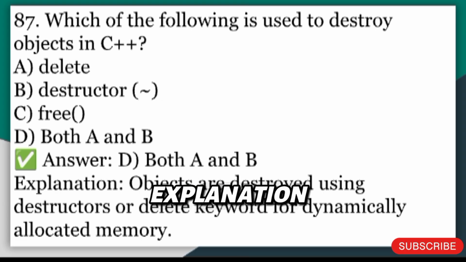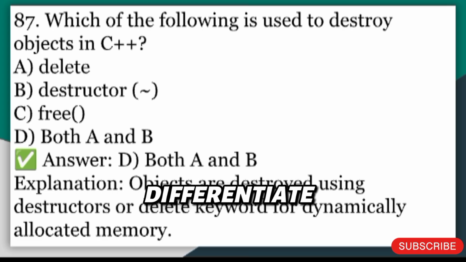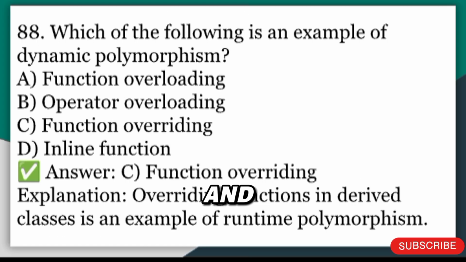A destructor is a special member function that is automatically called when an object goes out of its scope, used to release resources like closing files and freeing memory. The delete keyword is used to destroy objects created with new dynamic memory. So the objects are destroyed automatically by destructor and manually by delete for dynamic memory. This is the concept which differentiates between destructor and delete.